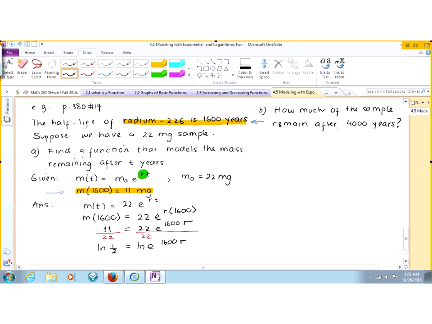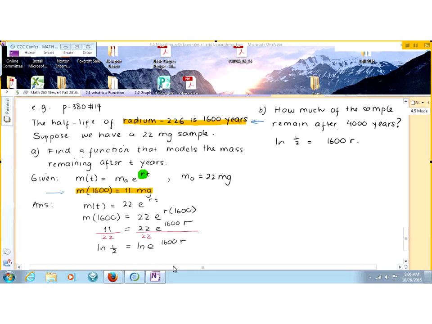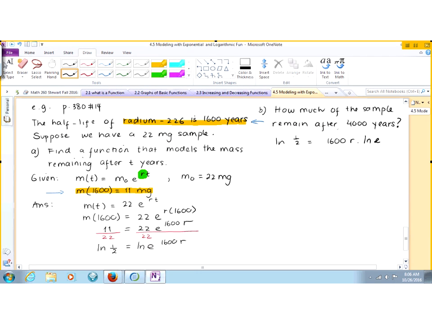So ln half is equal to 1600r times ln e. What is ln e? 1. So r is ln half divided by 1600.